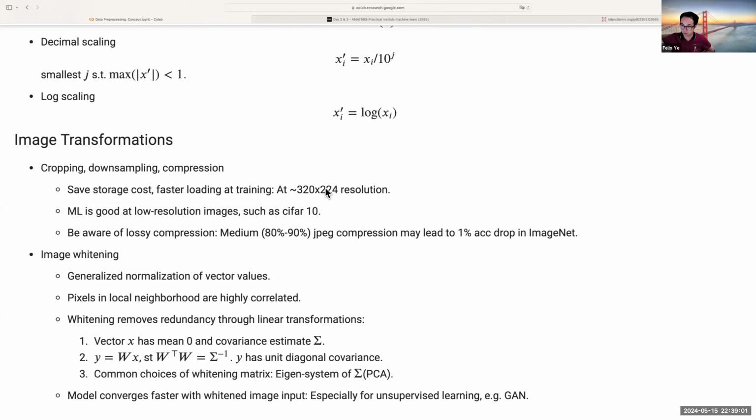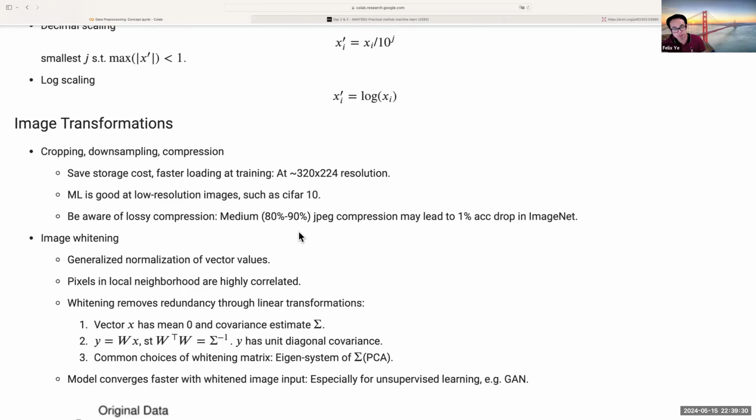The resolution is rather low, but machine learning algorithms turn out to be very good at low resolution images. CIFAR-10, for example, is a relatively low resolution dataset, but many machine learning algorithms do a very good job on it.